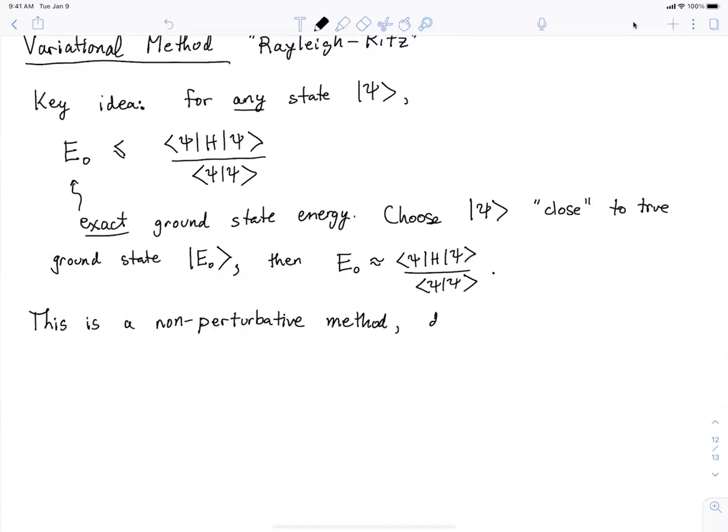And that means we don't need an exact solution for anything. In perturbation theory, there has to be some problem for which you know the exact solution, but here that's not the case. So there's no unperturbed H0 in this method. You just treat the whole Hamiltonian all at once.